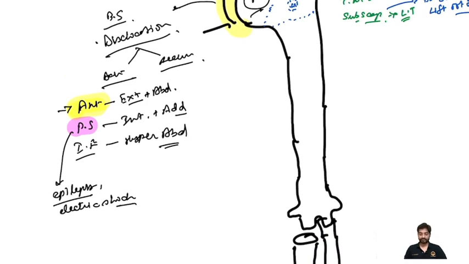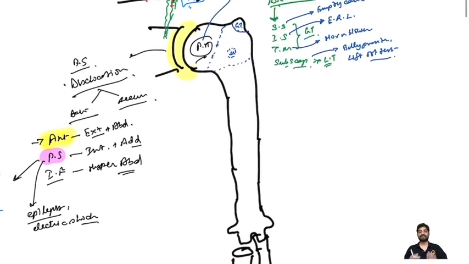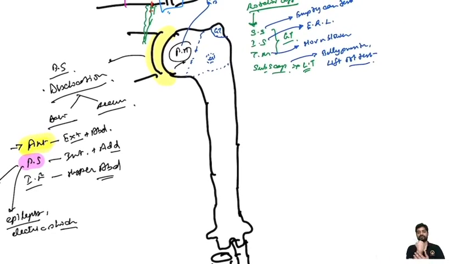And in posterior dislocation, what will you see on the X-ray? You will see a peculiar sign known as the light bulb sign. As your humeral head is rotated inward, it looks like a light bulb.